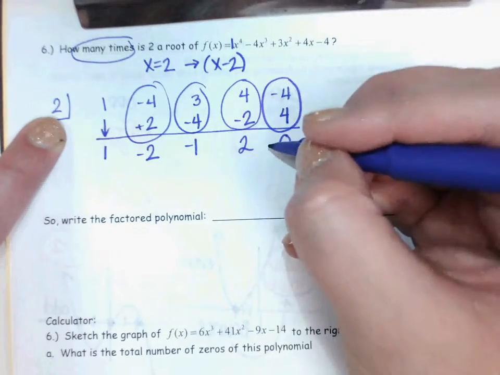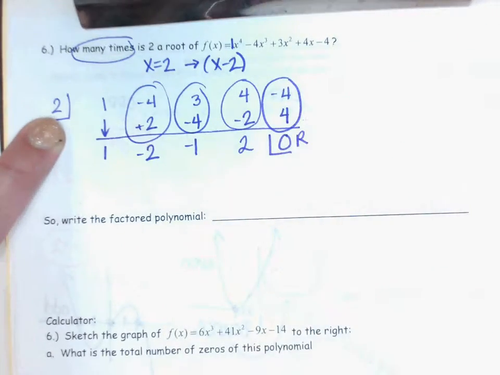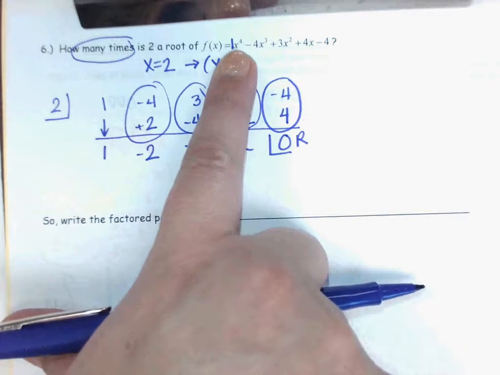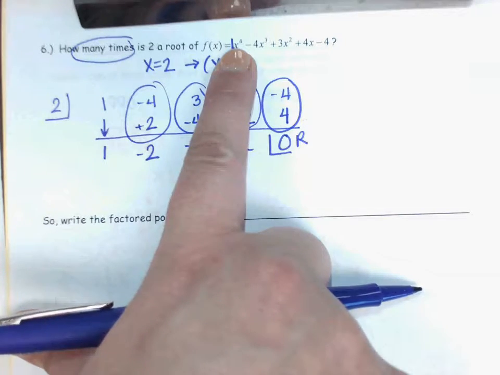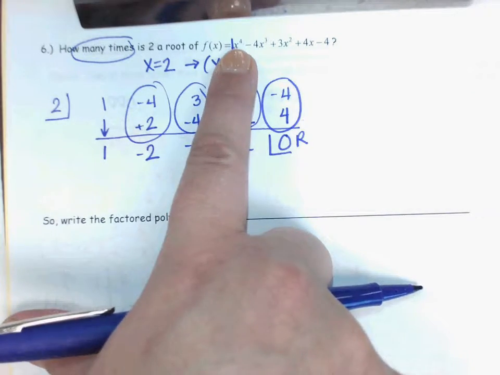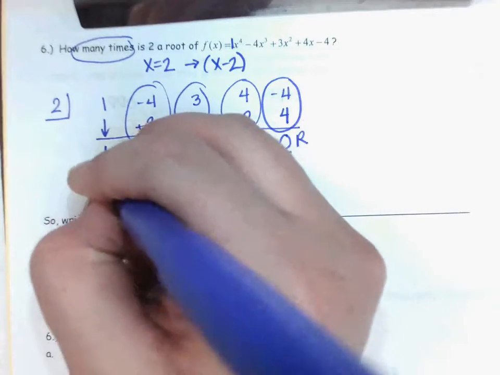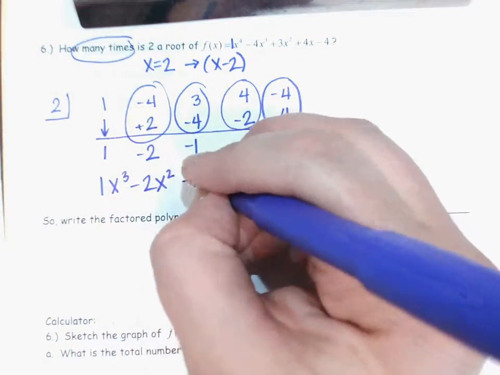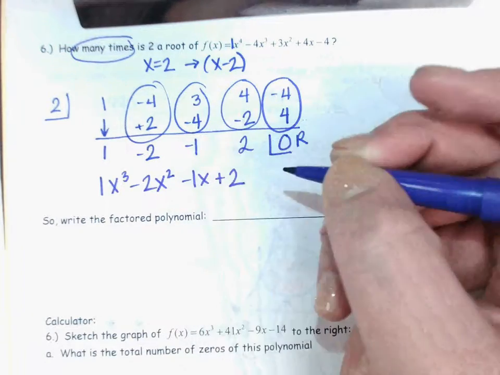Now, if it's a 0 in this column for the remainder, that means it's a factor. So it divided evenly. Now, my original was an x to the 4, so what is my answer? x to the 3rd. So it would be 1x to the 3, negative 2x to the 2, negative 1x plus 2.